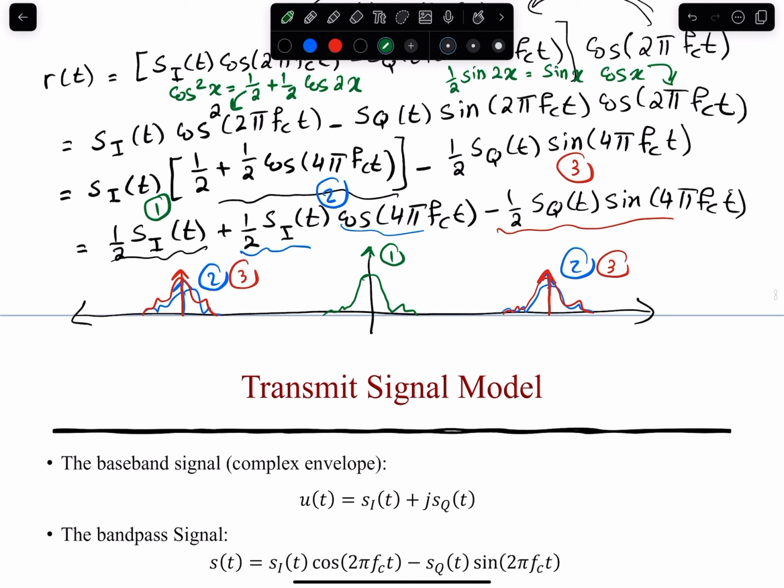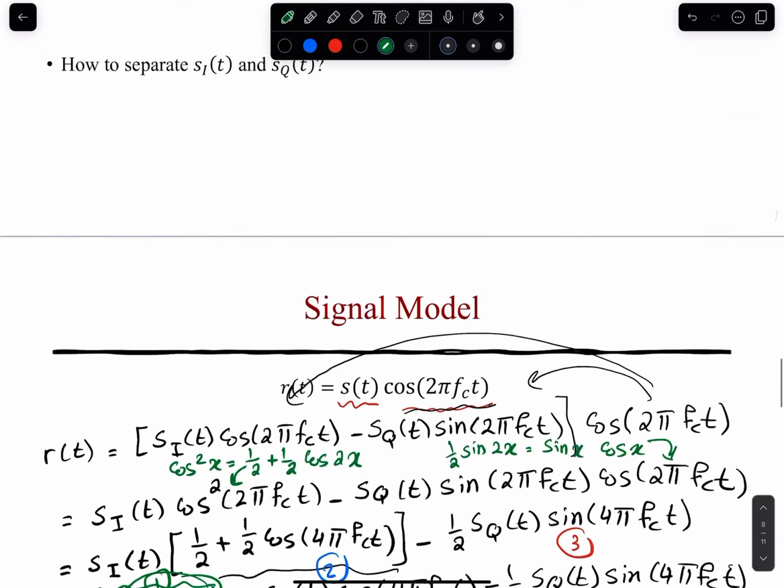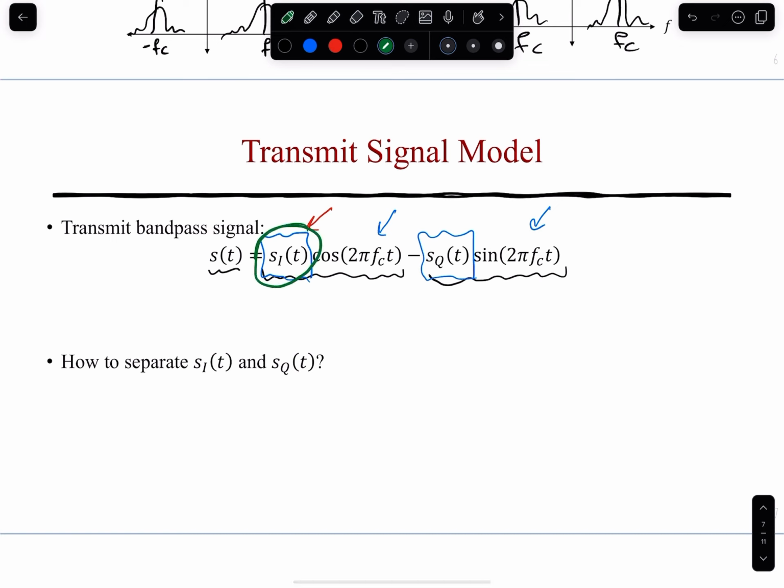So if you look at it, if we apply a low pass filter, we can obtain this signal over here, which is basically the first part of this summation. And if we multiply that by 2, we are going to get the in-phase part of the signal, which is this guy over here. So this is good. We were able to obtain the in-phase component of the signal.